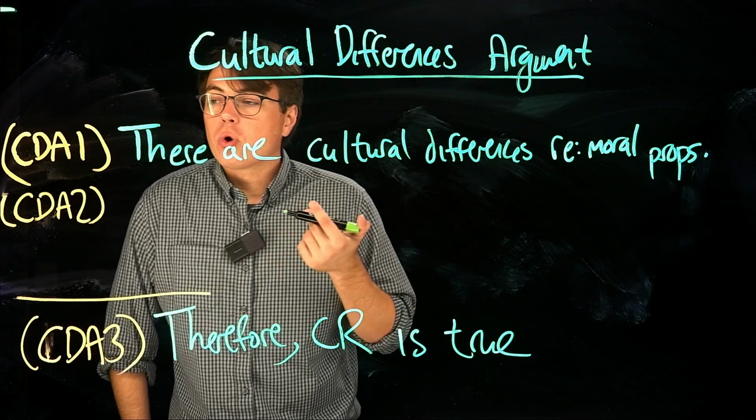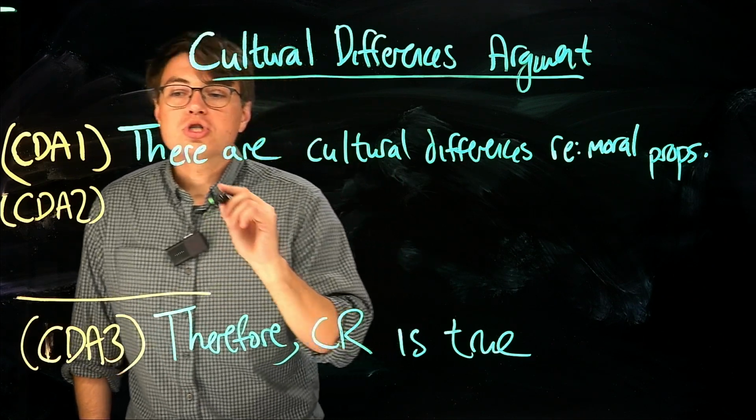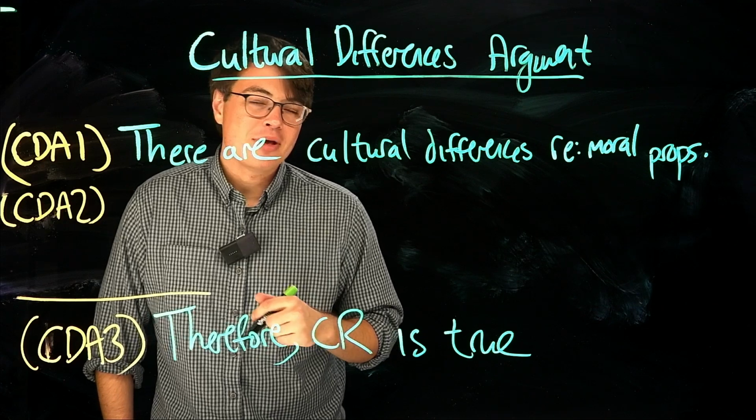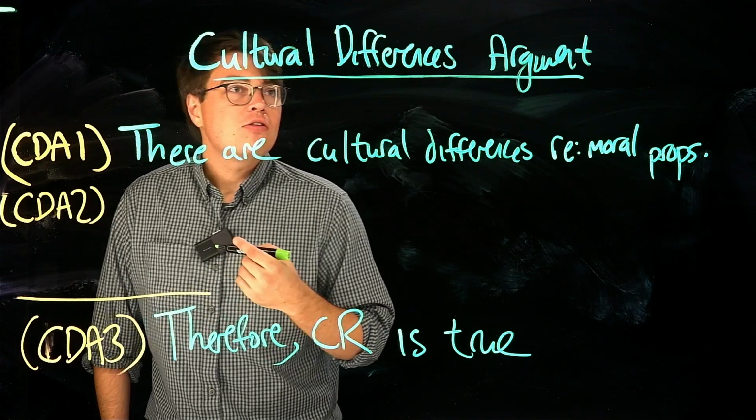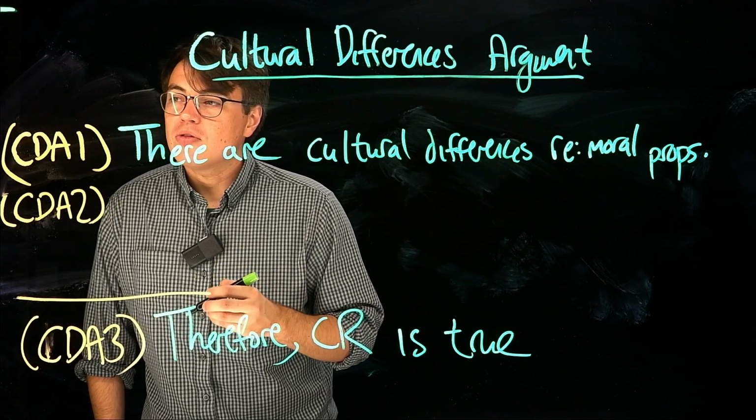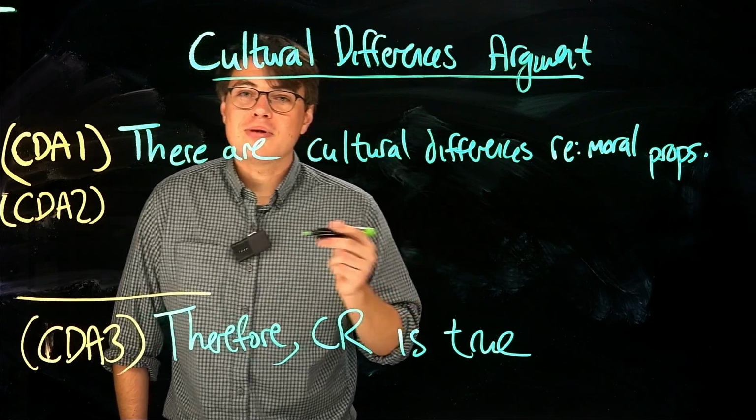I think that if we're being a little more charitable, we should supply an additional premise to the cultural relativist. It's easy, once you know a bit of baby logic, to make an invalid argument valid.